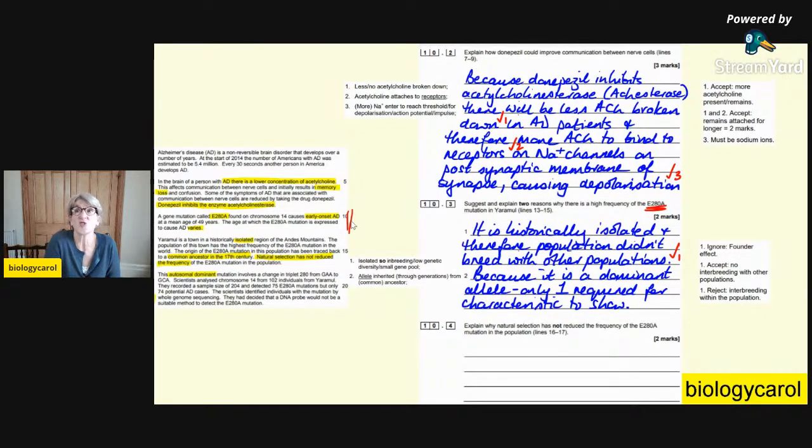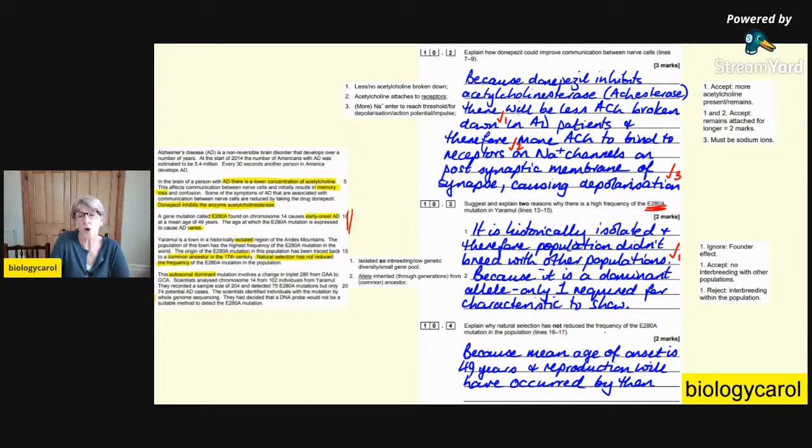The characteristic doesn't show at birth. They don't have the disease at birth, which of course might then determine whether that individual goes on to reproduce. But they have reproduced before they know they've got the disease. They've already passed on the allele. So therefore, natural selection will play no part. So because the mean age of onset of AD is 49 years and reproduction will have occurred before then. So I got those marks. This was hard. This was a hard question.